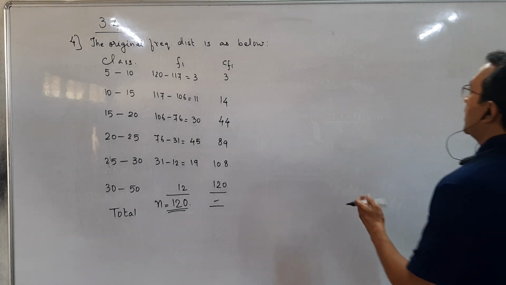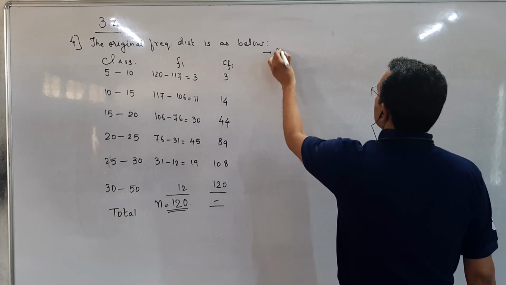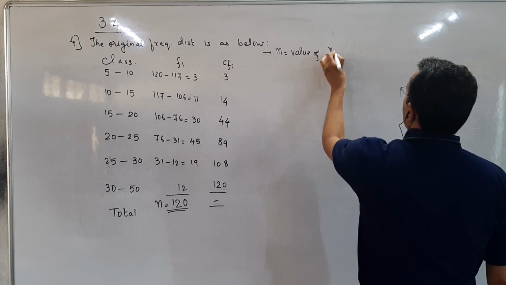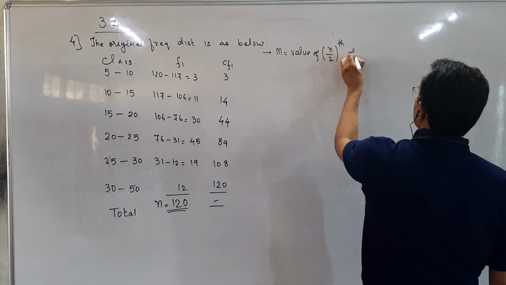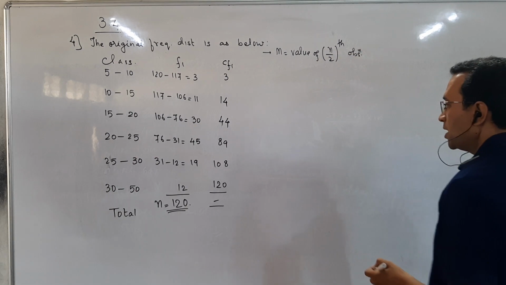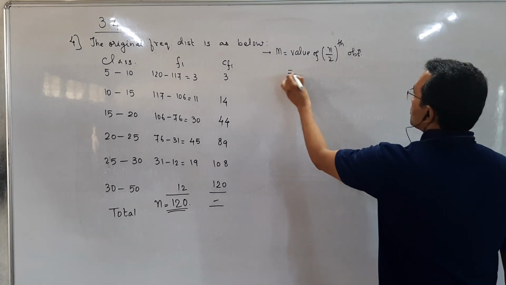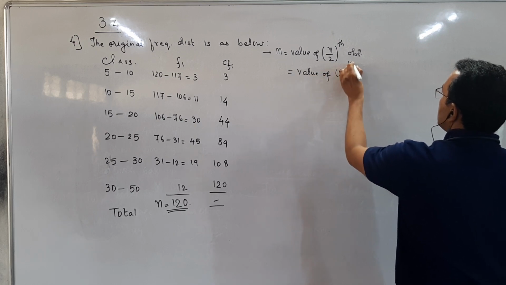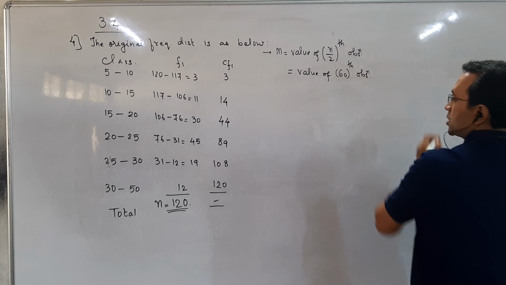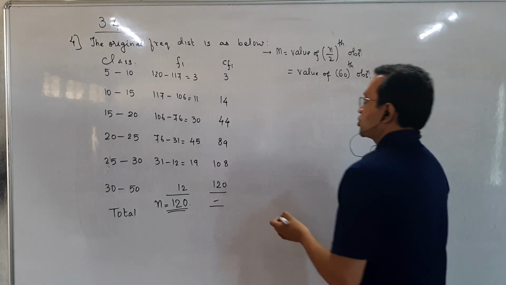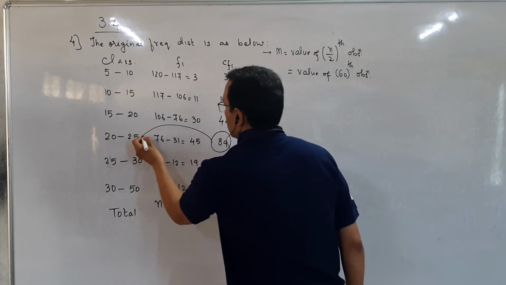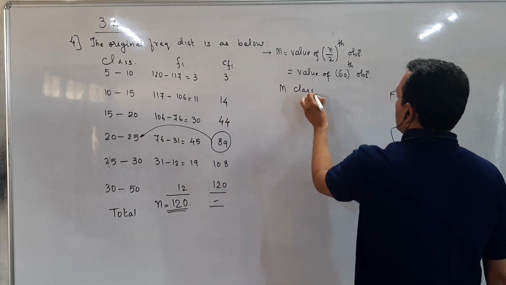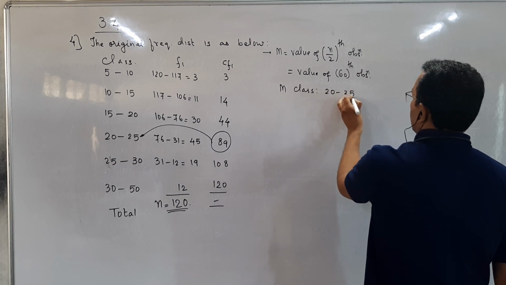All of you know, to find the median, median M is equal to value of n by 2th observation, 120 by 2. So this will be the value of 60th observation, and the 60th observation is covered in 89, corresponding class is 20 to 25. So the median class is 20 to 25.